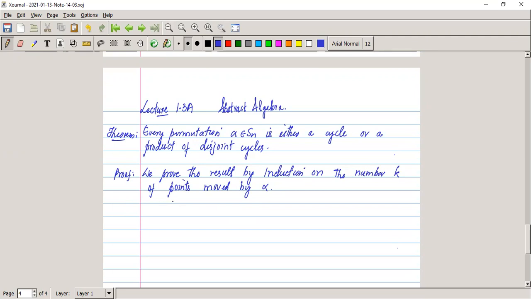Now suppose k is equal to 0. That means the initial case is that alpha does not move any point.